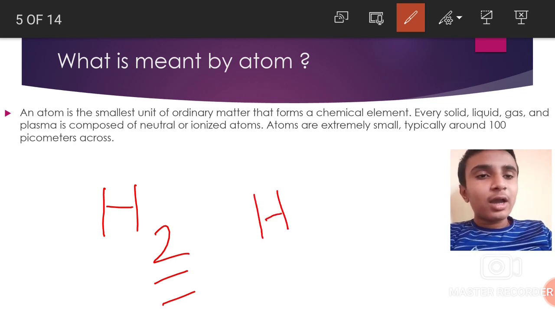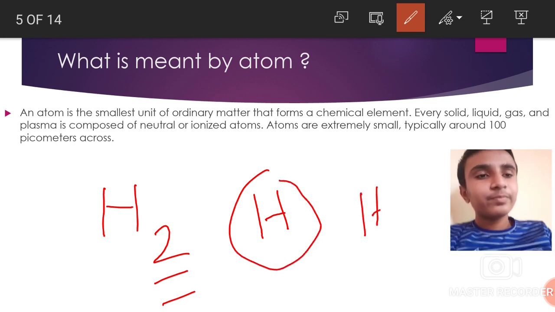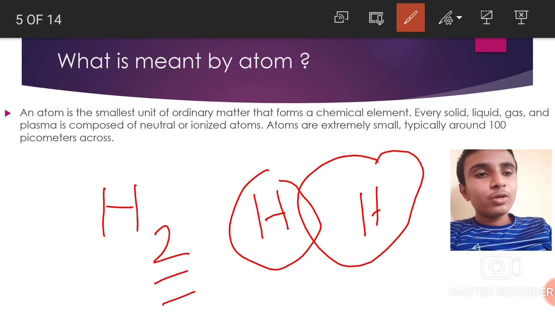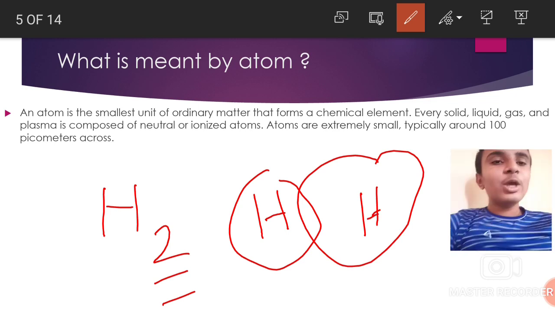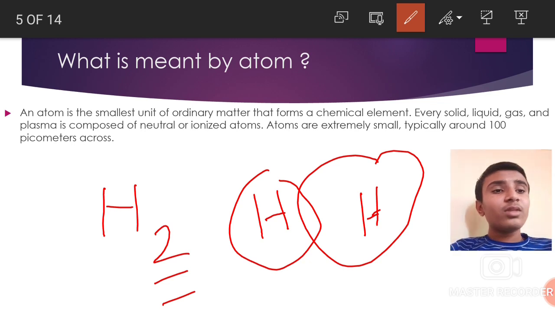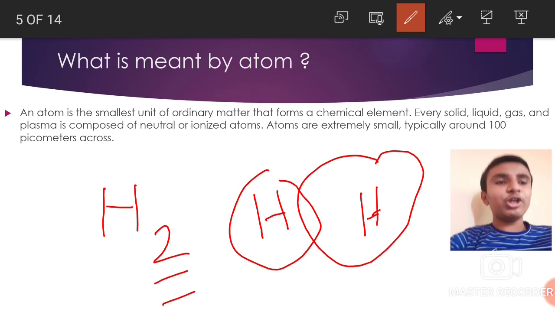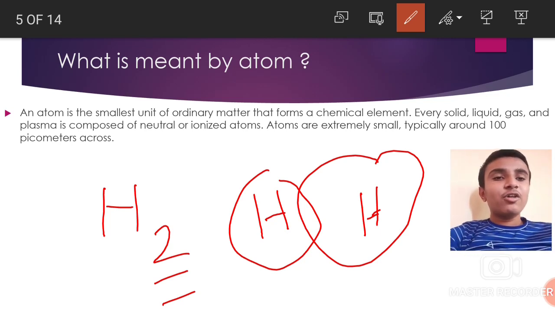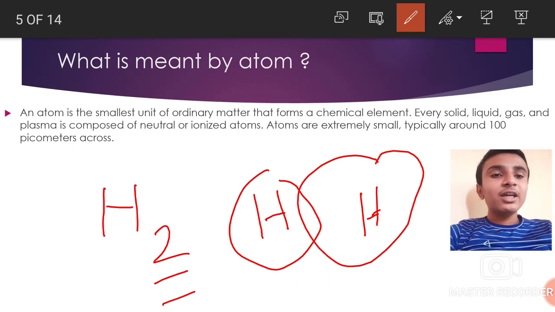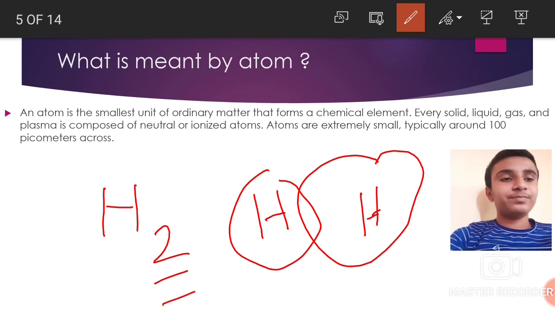So one hydrogen atom combines with one hydrogen atom to form one hydrogen molecule, means a hydrogen element. So as this first sentence tells us, an atom is the smallest unit of ordinary matter that forms a chemical element. From this I stated to you that these hydrogen atoms, when they combine with each other, form a chemical element called hydrogen.